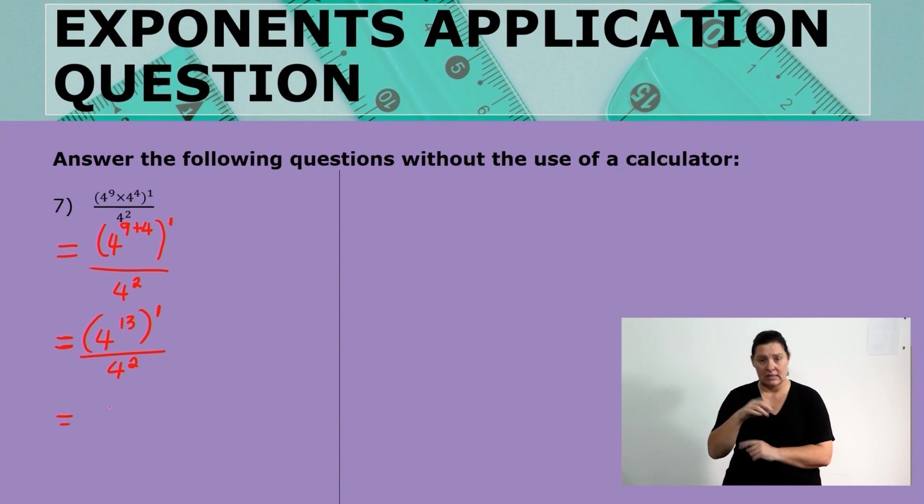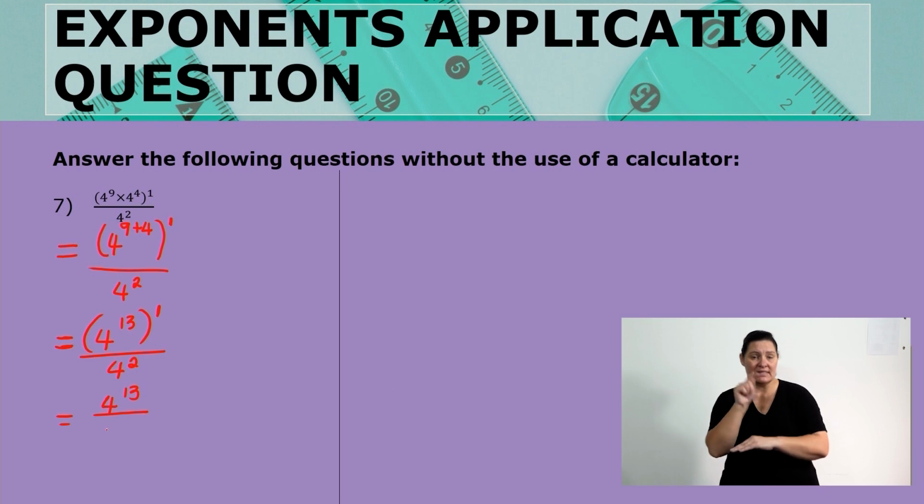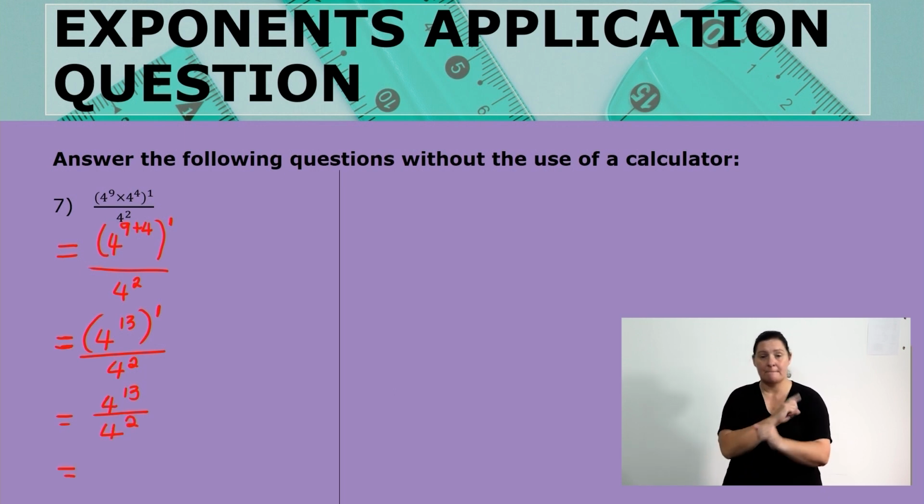But 13 multiplied by 1 still gives us 13. We are dividing that by 4 squared. And what happens when we are dividing powers that have the same base? We are going to subtract the exponents. So that gives us 4, and 13 minus 2 gives us an exponent of 11.